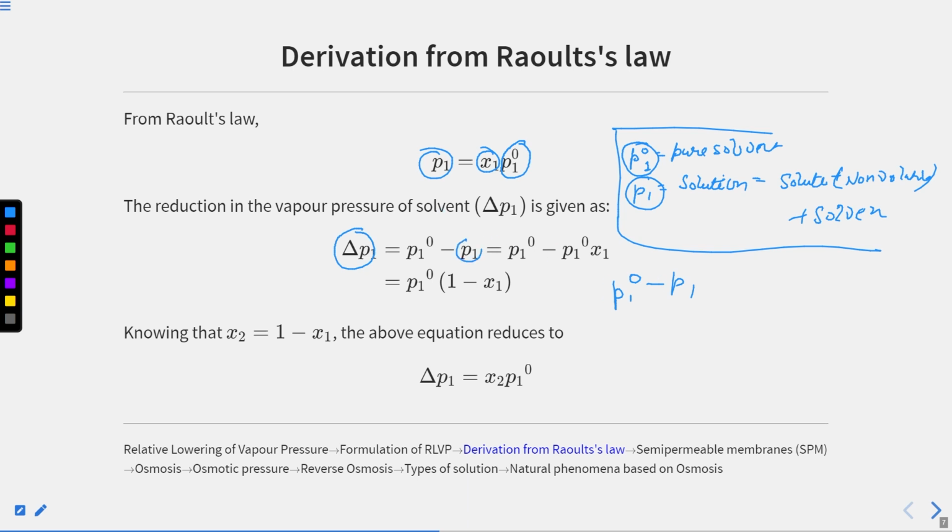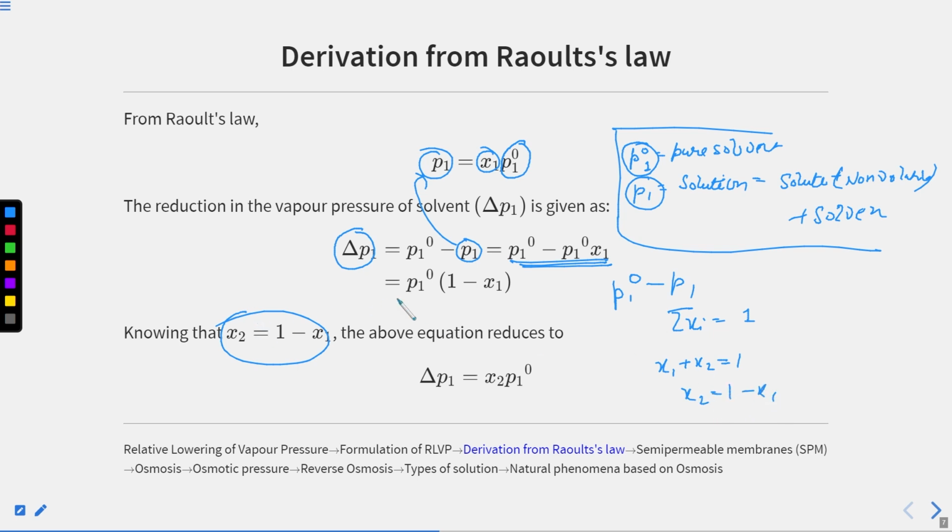Now we can put the value of P1 from Raoult's law, which says P1 is equal to x1 P1 naught. We have taken P1 naught common, so it will be P1 naught times (1 minus x1). For any solution, the summation of mole fractions of all the components is equal to 1. So for a binary solution, x1 plus x2 is equal to 1, and therefore x2 is equal to 1 minus x1.